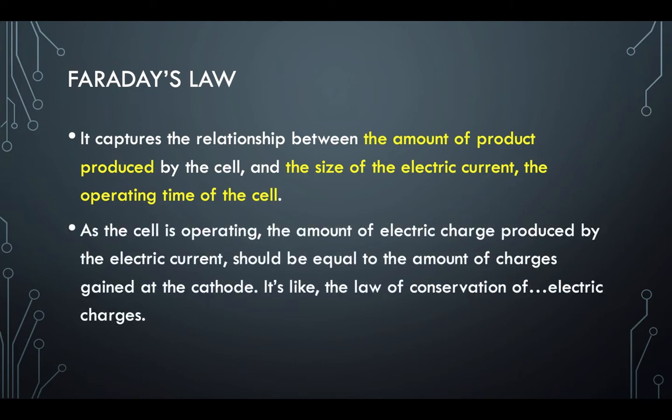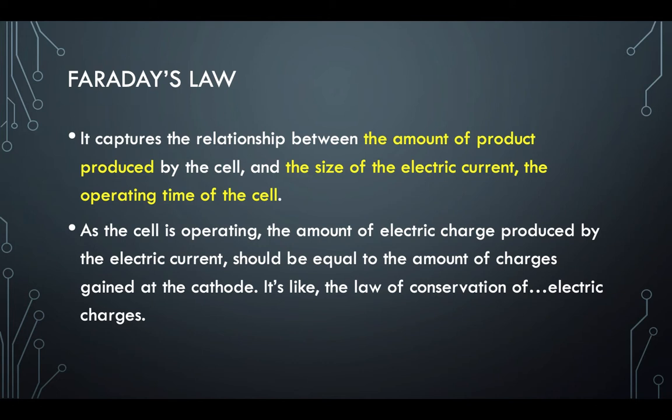They're equal to each other. It says that the amount of electrical energy produced by the power source in the form of a current delivered to the cathode of the cell should equal the amount of charges gained at the cathode in the reduction reaction.